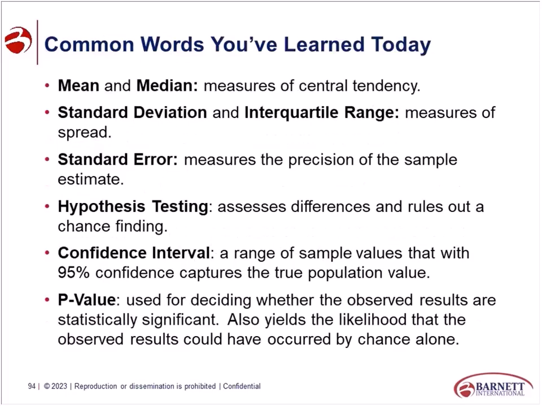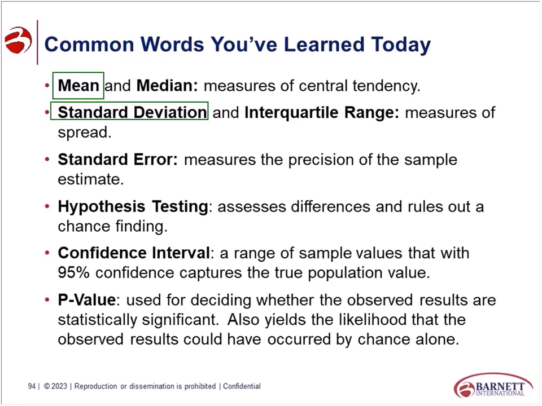What we covered in a nutshell: the mean and median, and the difference between them and what they mean. Standard deviation and interquartile range are both measures of spread, but slightly different. The mean corresponds to a standard deviation; they go together. The mean is your best guess of what's going on, and the standard deviation tells you about the spread of the observations.